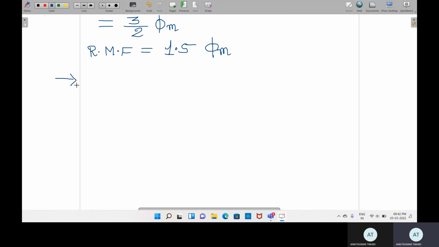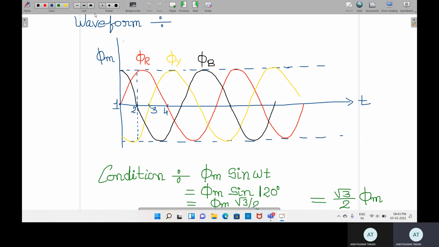Next, at the instant 3, we will observe that phi y is 0.